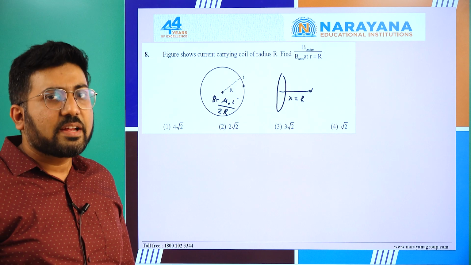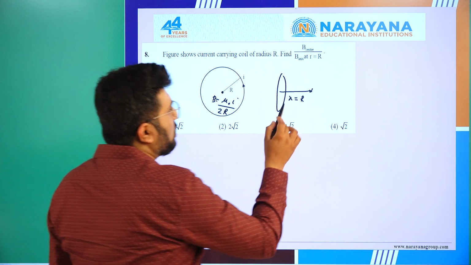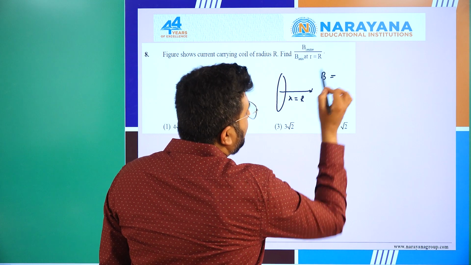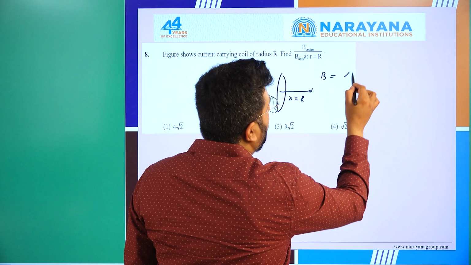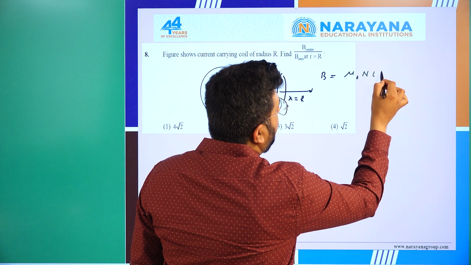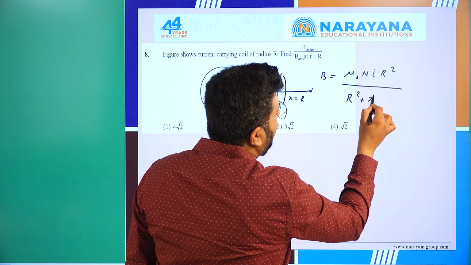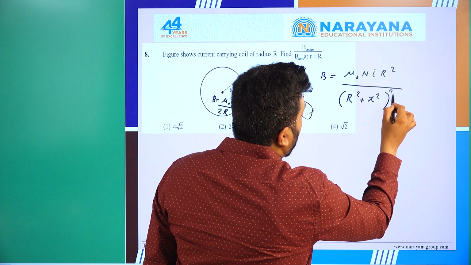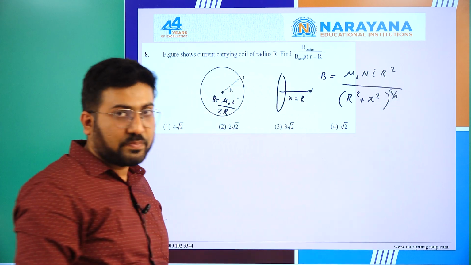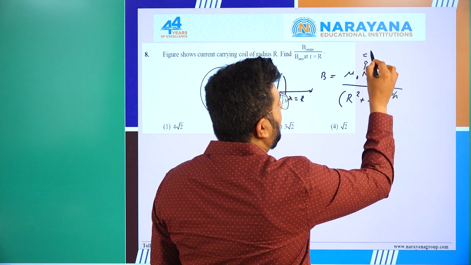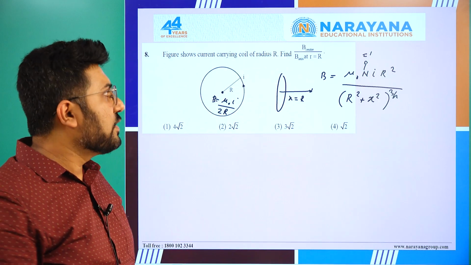And what is the formula on the axis? So for the formula on the axis of a coil, B equals mu naught N I r square divided by r square plus x square whole power 3 by 2. Now in this question N is 1 because there is only one loop, N is the number of loops.